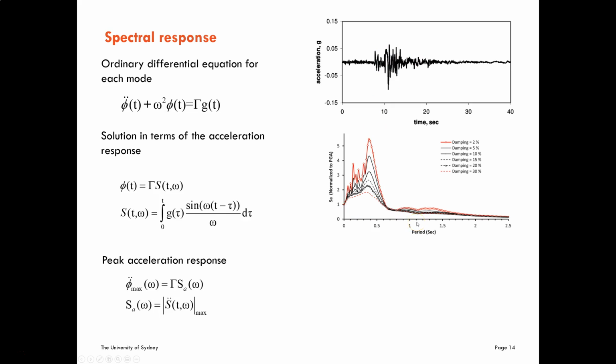You can see that the response is very small if the period is larger than 1 second. This is the natural period of the corresponding mode. But if the periods are around 0.3 to 0.5, the response is going to be maximal.